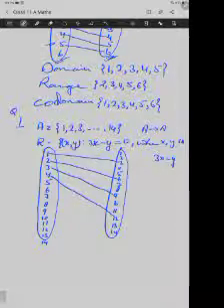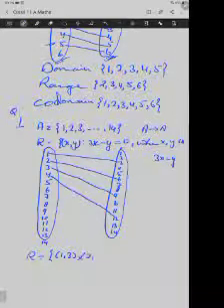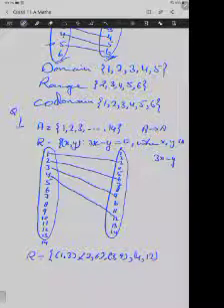So if we are writing the relation, then the relation will be (1, 3), (2, 6), (3, 9), and at the end (4, 12). This is the relation. In this, domain will be the used elements of the pre-images.